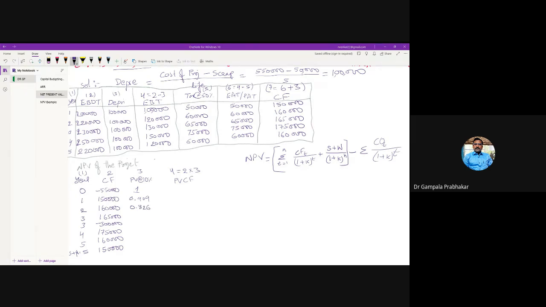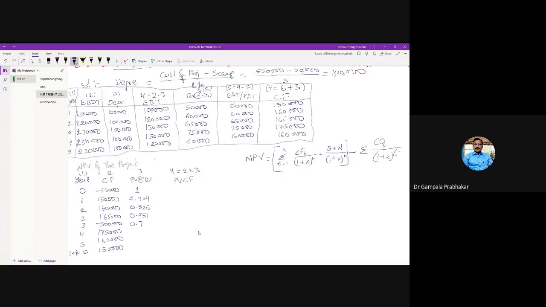For the third year, 0.751. Here outflow also you must convert into present value.